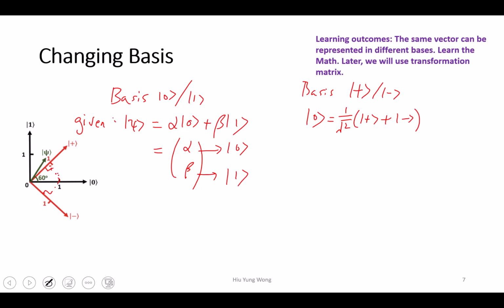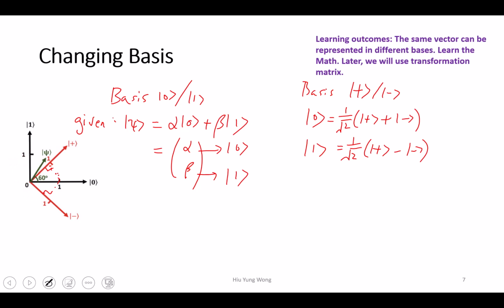Agree? The details of the numbers you might not find easy to see, but just do some trigonometry and you find that. But you definitely agree that it is the sum of these two vectors. And similarly, 1 equals 1 over square root 2 times plus minus minus. If you don't agree, look at this, because this plus is here, and you are going to take the negative of minus if you do the projection.